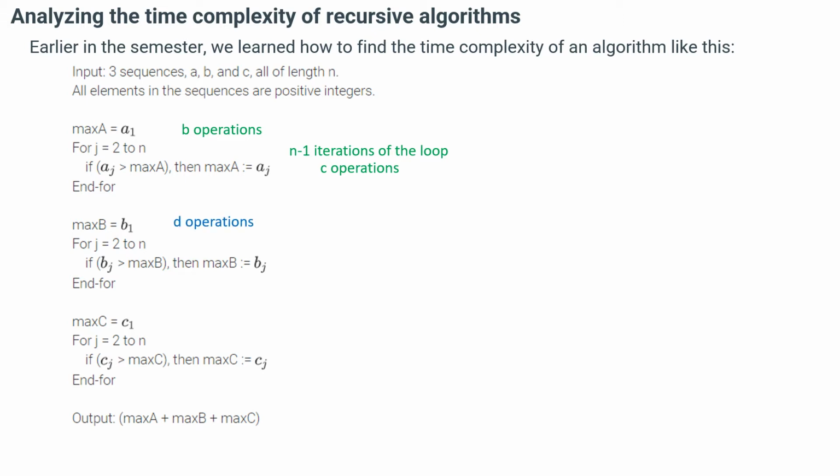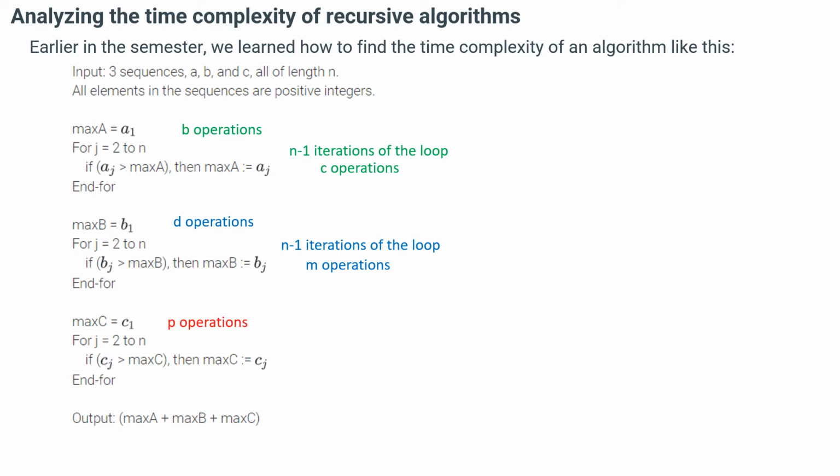So then going on down, this next line we'd call a constant D, and then here we've got another loop. There's going to be, again, n minus 1 iterations of the loop, and inside we'll say there's some constant. We'll call it M this time.